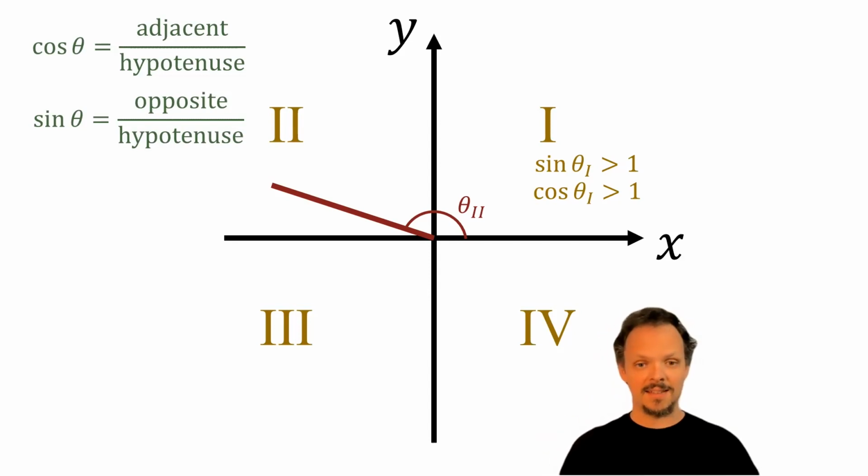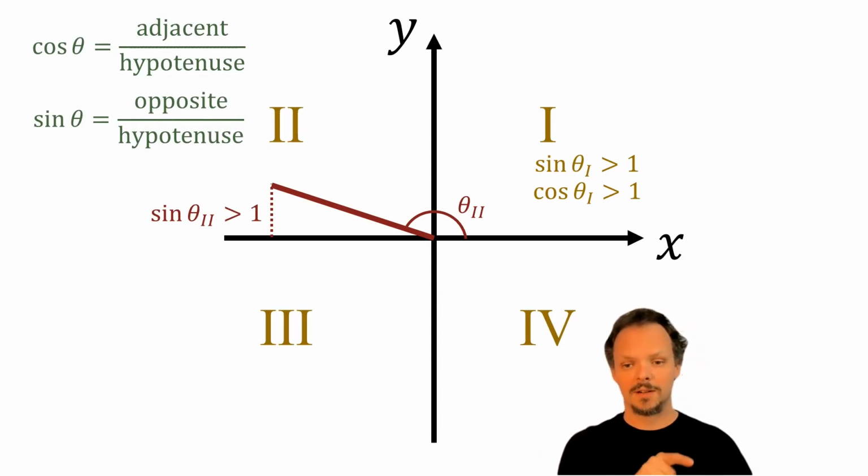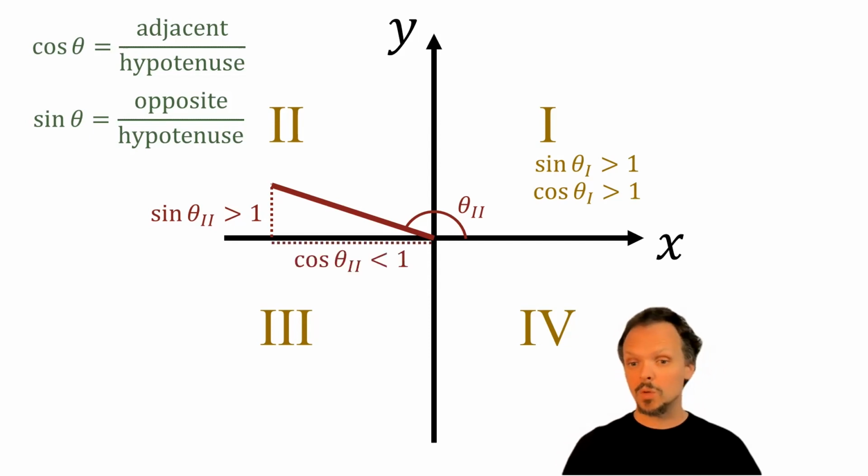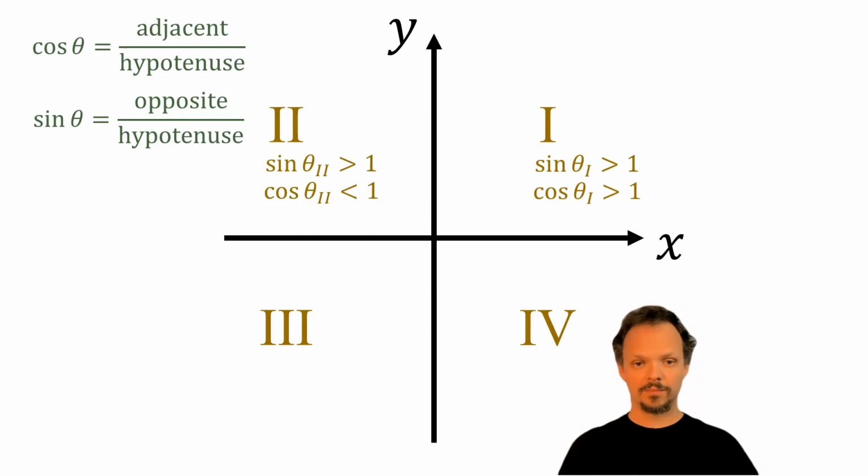For this case, the side opposite, if we're forming our little triangle here, goes towards the positive y-axis, so the sine is positive, and the adjacent side is towards the negative x-axis, so the cosine is negative for this quadrant.